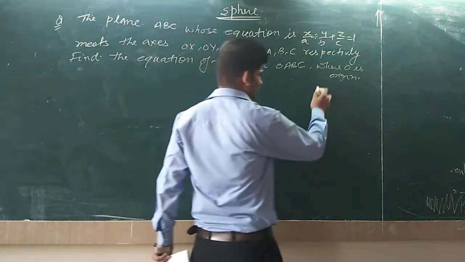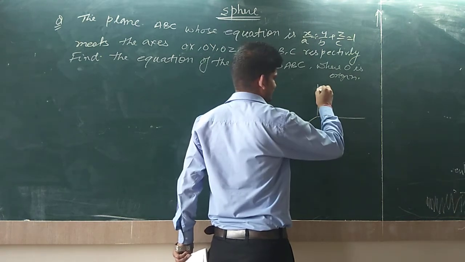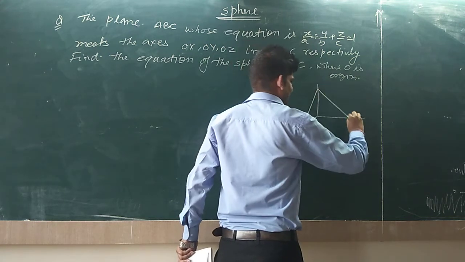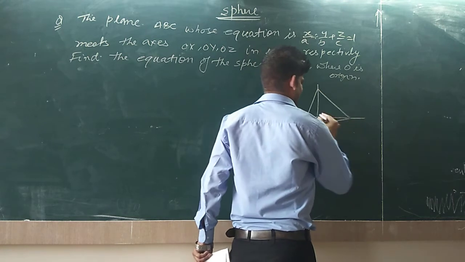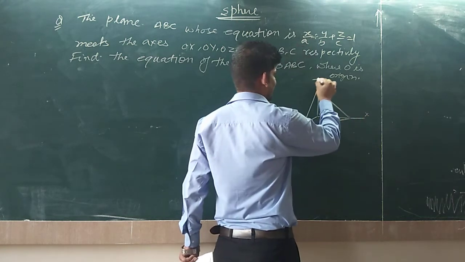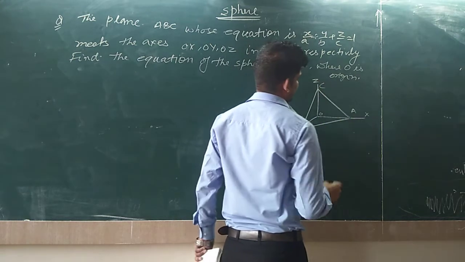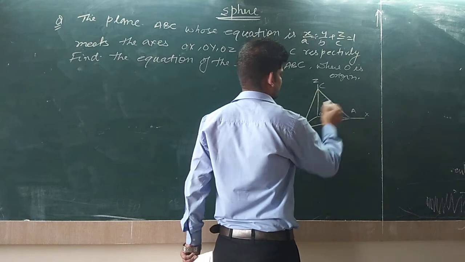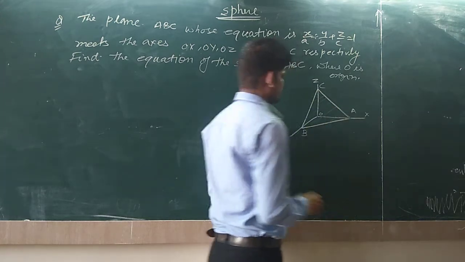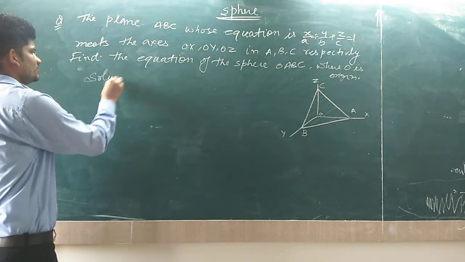And the physical diagram. ABC is the plane, and the equation is... Solution.